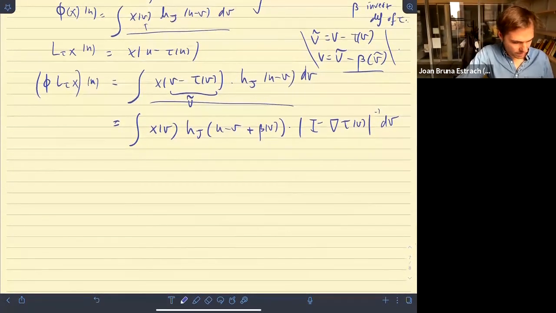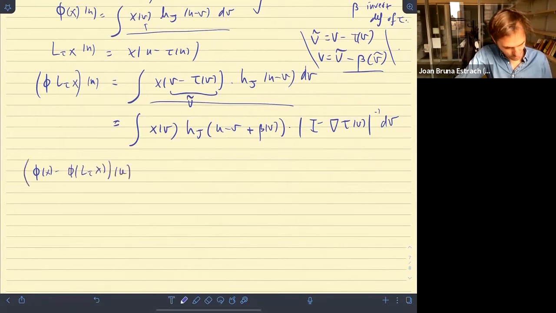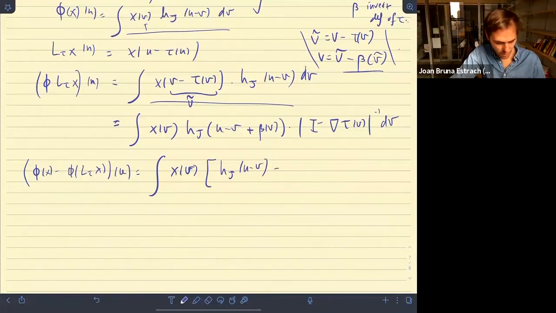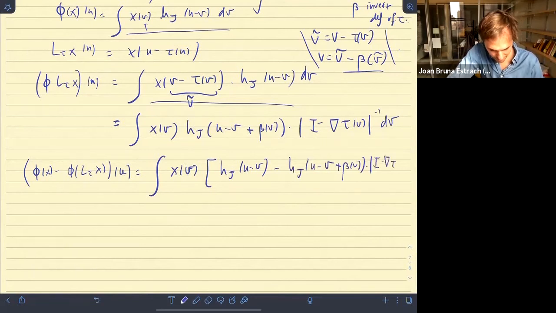So now I'm almost done, because now I can just look at the kernel of phi of x minus phi of alpha of x and u. Now I can just write it as the integral of x of b times the convolutional part, which is u minus b, minus this new part that we have just developed, that is fj of u minus b plus beta b, times this change of variables.